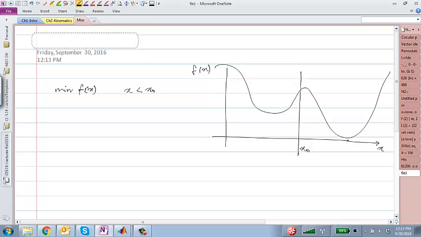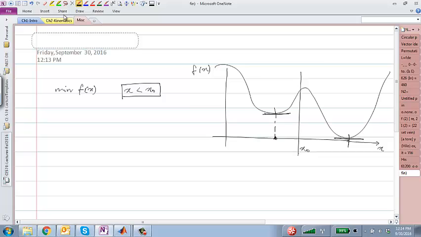That's an example of a constrained minimization problem. The true minimum of the function is right here. But this does not satisfy my constraint that x should be less than x0. So the solution that I should get is here. That's the solution I want to pick.